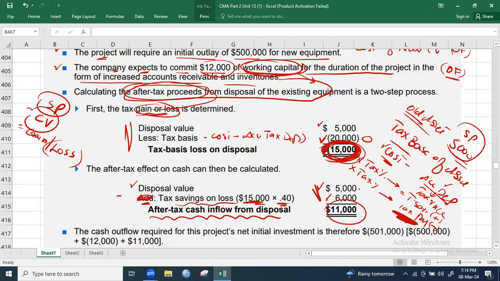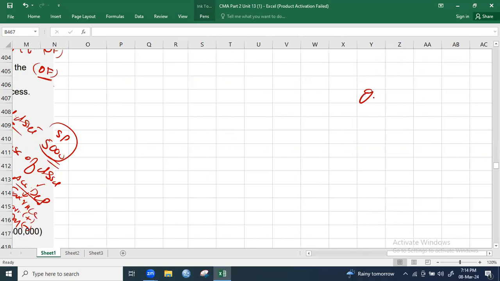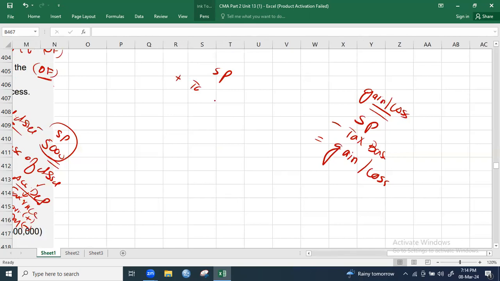Actually, this value I need. So what I told you, simply first calculate gain or loss. How do you calculate gain or loss? Sale price minus tax base equals gain or loss. And in the second step, just write the sale price. If you have a loss, add tax saving on loss.